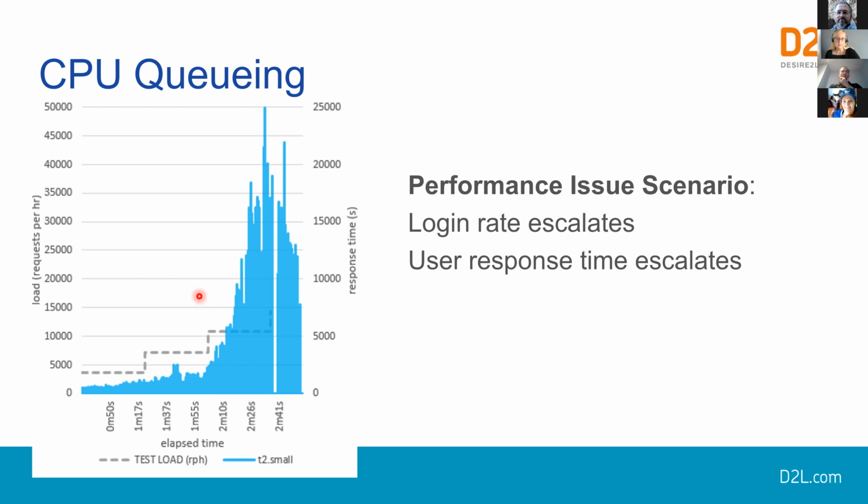At that point, response time, shown on the secondary y-axis, escalates rapidly, and we see vertical bars that represent high response time over here. In the next slides, we'll look at how this can be investigated along with some solution strategies.